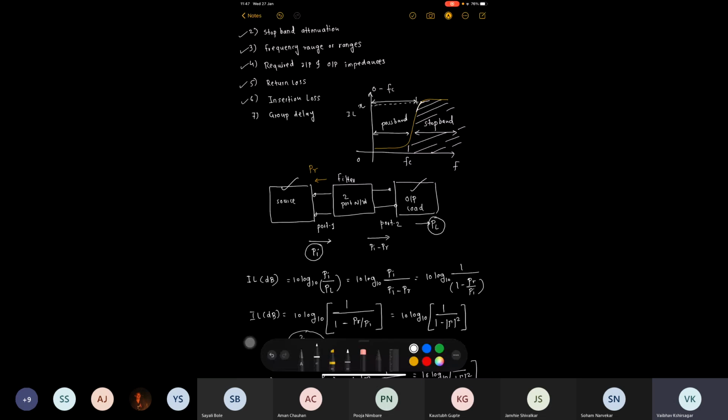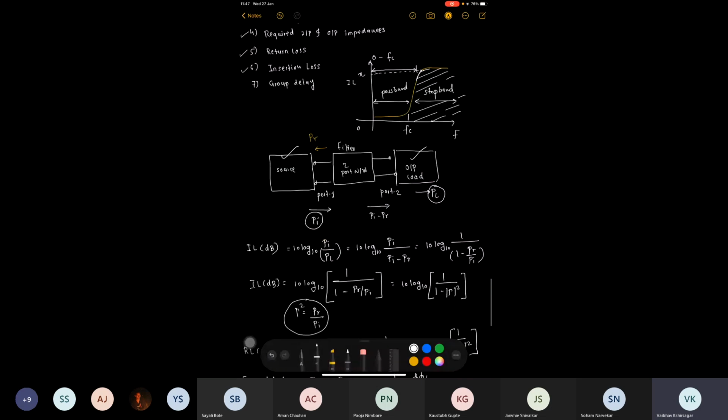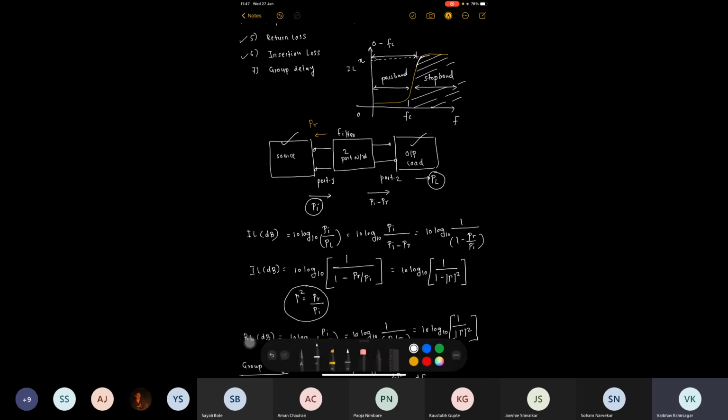I hope you understood the different filter design parameters, their significance and their definitions. Up to this point, if you have any doubt, you can ask me, or otherwise we will go ahead.